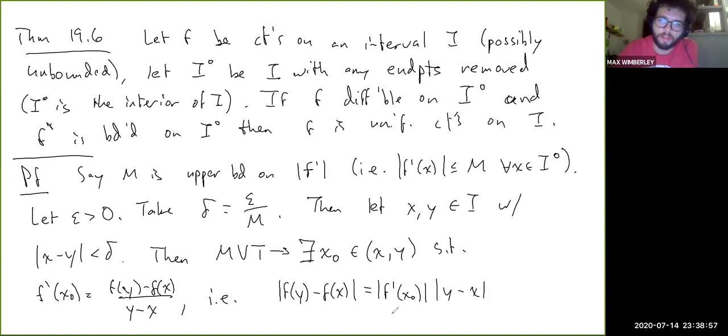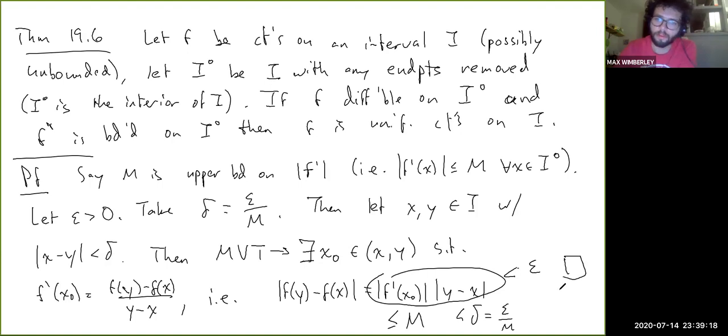But this is less than or equal to M, and this is less than delta, so it is less than M times delta, which is equal to epsilon. So overall, this is less than epsilon. That shows that f is uniformly continuous if its derivative is bounded, at least in the situation where we're looking at an interval and the derivative is bounded on the interior of that interval.